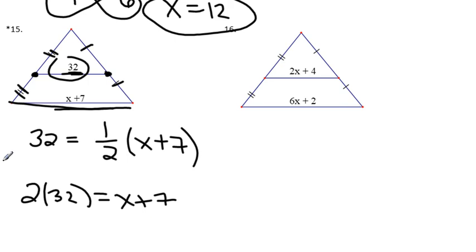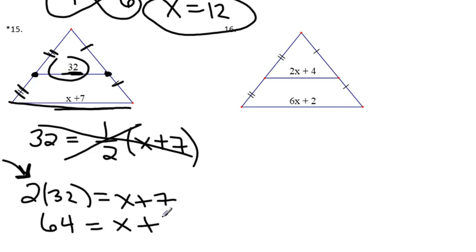Personally, I think this is the easier way to solve the equation, because then here you're going to be left with a bunch of fractions. So we're going to take two of the mid-segments, 32, and set them equal to one of the bases, x plus 7. 2 times 32 is 64, and that equals x plus 7. We're going to subtract 7 from both sides of our equation, so we just get x is 57.